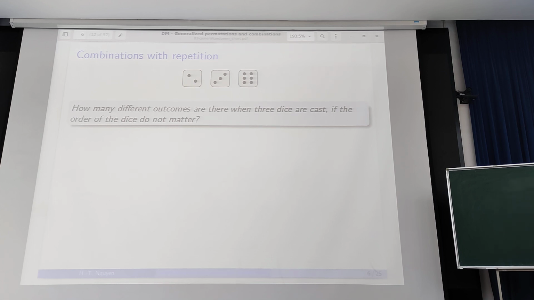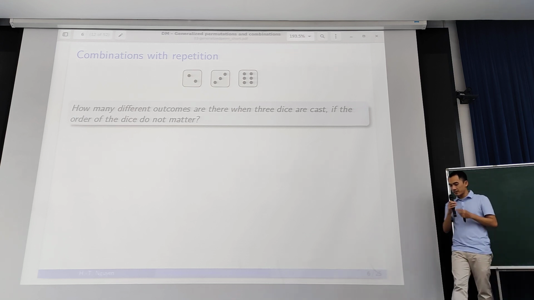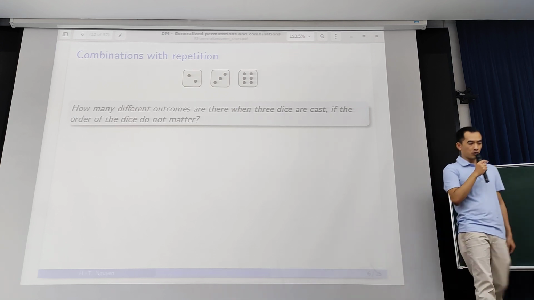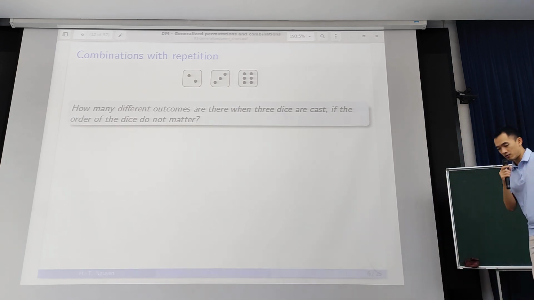And with 3 dice, it's more difficult to recognize all the repetitions of the case. And instead of a square table, if you want to do the same, it's not possible, because now we have 3 dimensions instead of 2.